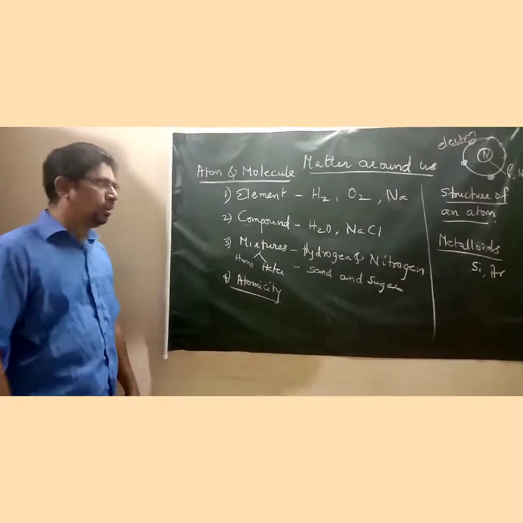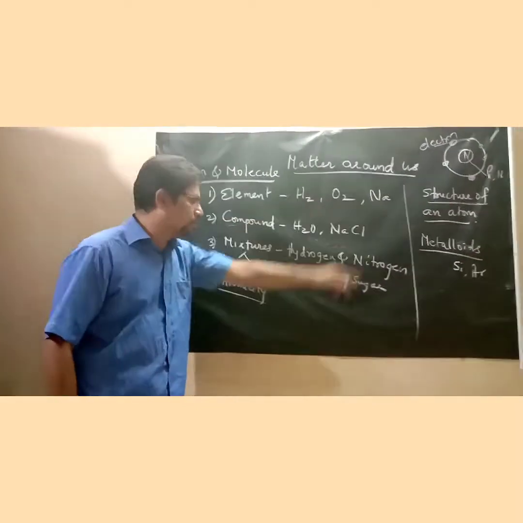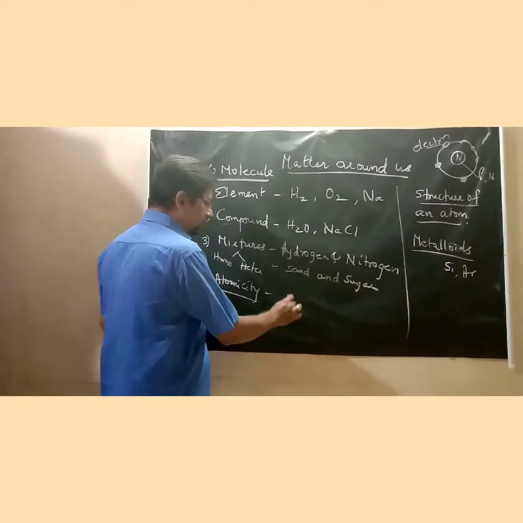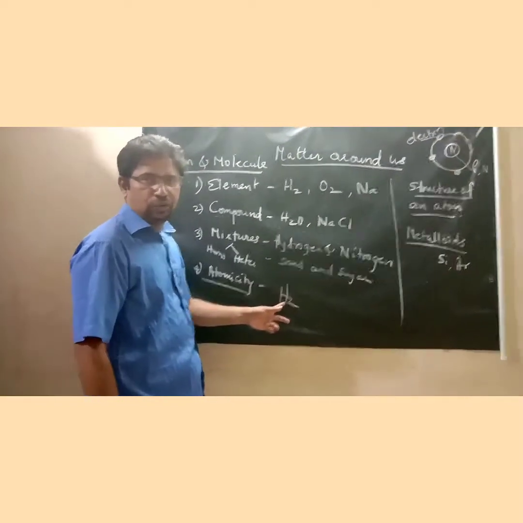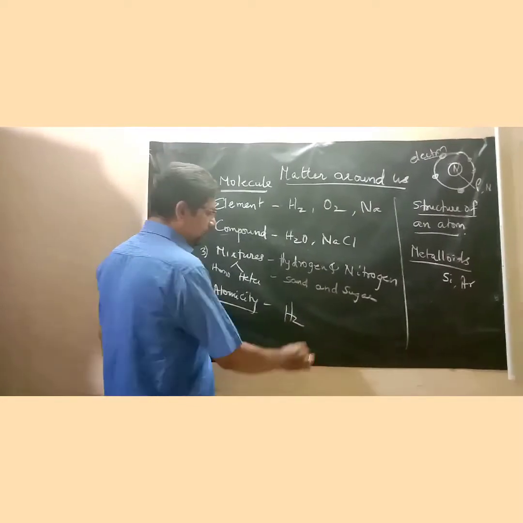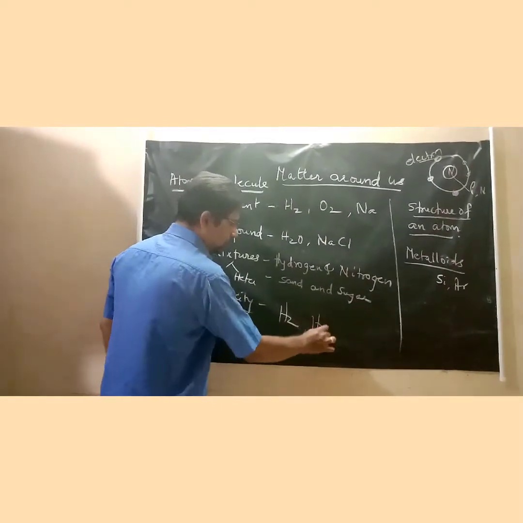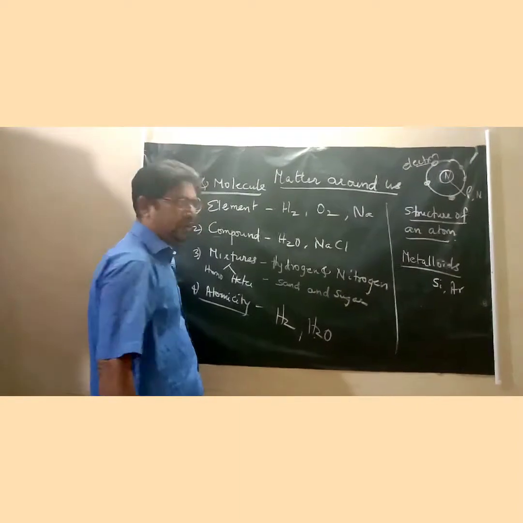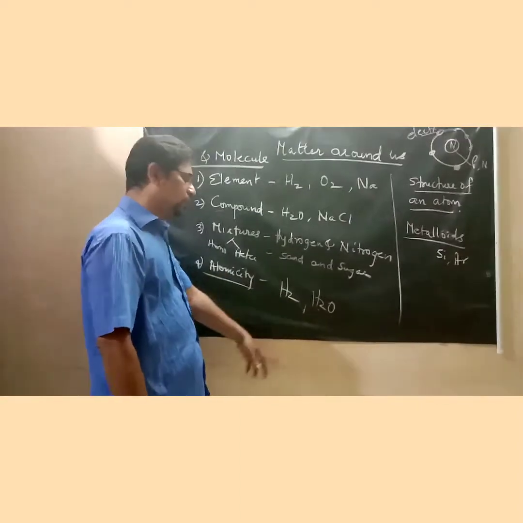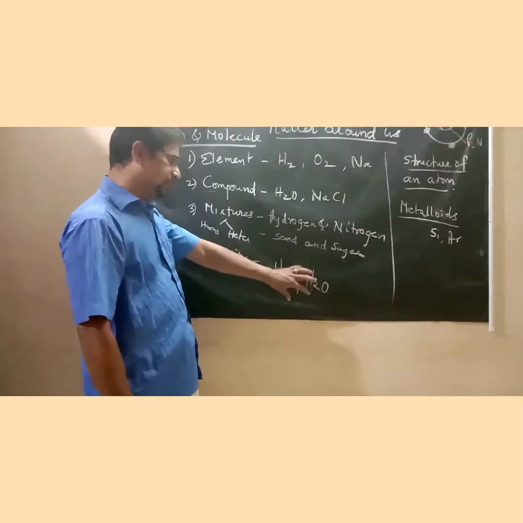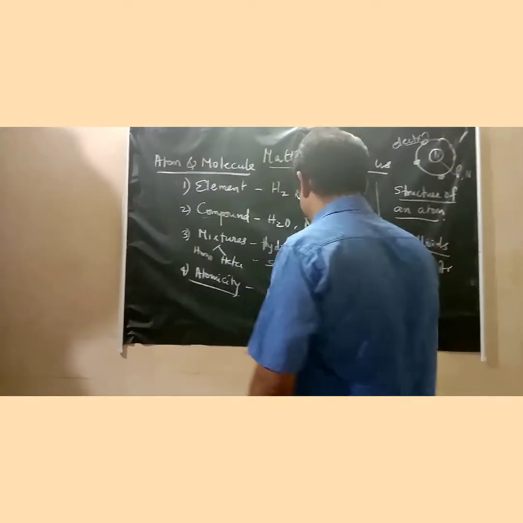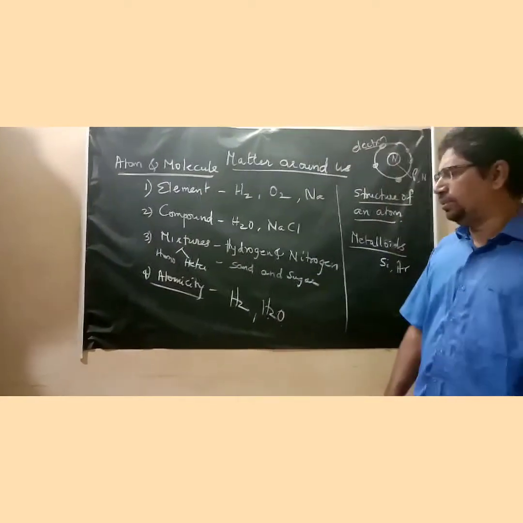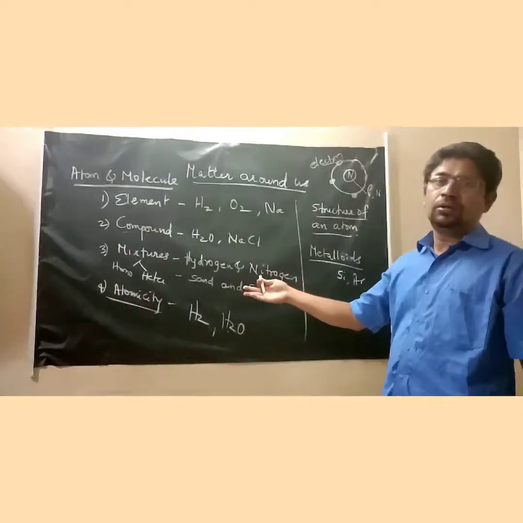What is called atomicity? Here I have put some numbers. These are all called atomicity. That means the number of atoms in that element or molecule or substance. For example, H2, H2O. Here you can find the number of atoms in the chemical compound or in that particular element. Understood? So atomicity is the total number of atoms found in the element or in the molecule.